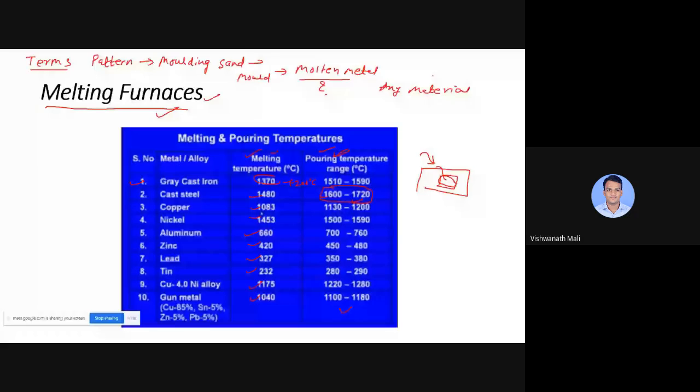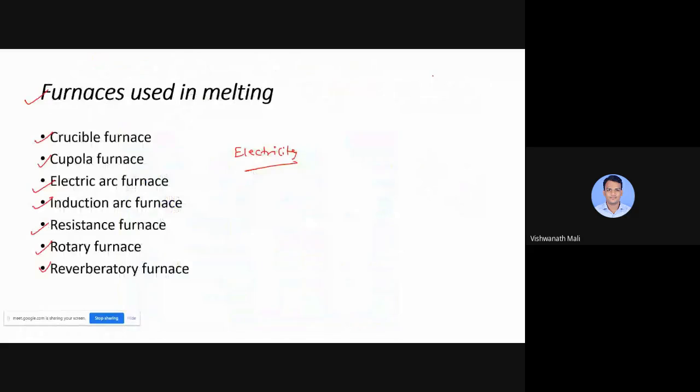So today we have learned why we need furnaces to melt ore, scrap, or pig iron. So these are the furnaces we have seen. First of all, the crucible furnace and cupola furnace, which don't require electricity.